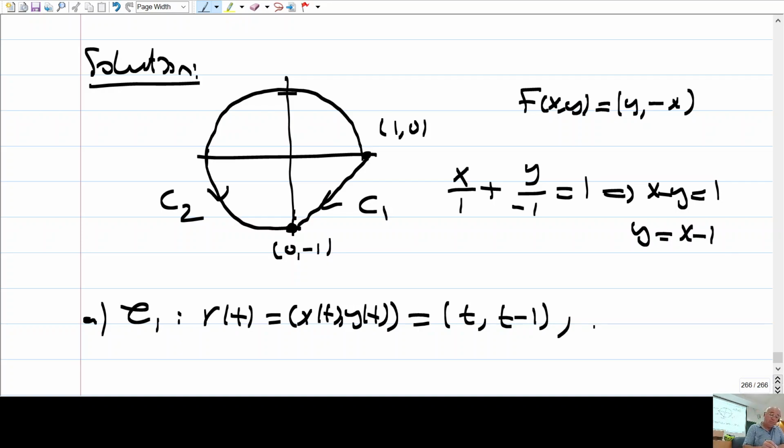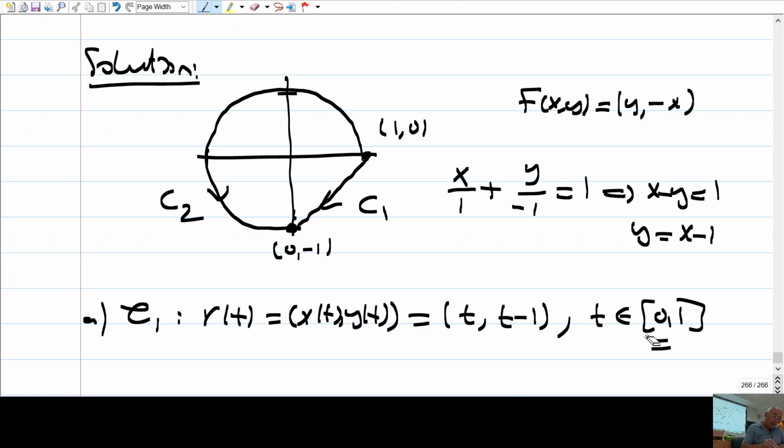And here t goes from where to where? Now, t from 0 to 1 is not correct, because if you choose t from 0 to 1, when you plug t equals 1 you get x equals 1, but x should be 0.